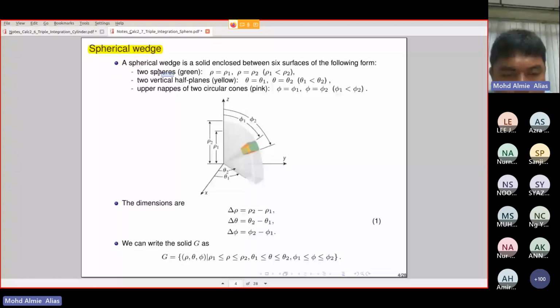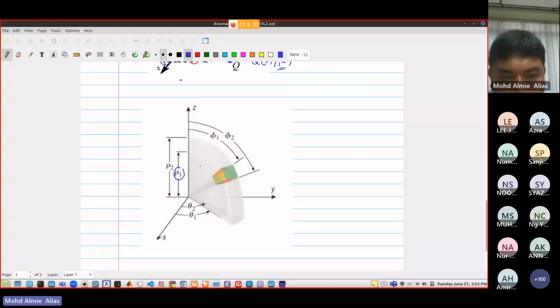So rho 1 is actually this part. So this part is a small portion coming from a sphere with radius rho 1. It's just a small portion from the sphere with radius rho 1.